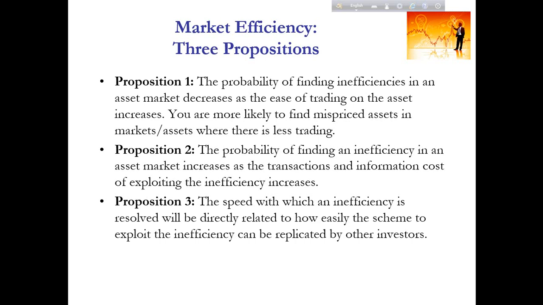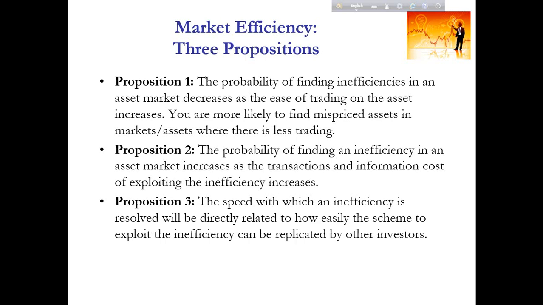Proposition number two, the probability of finding an inefficiency in a market increases as both the transaction and information costs of exploiting the inefficiency increase. So not only does the level of trading in a market affect efficiency, but also the cost of trade. How is that? Because you might find a market like the property market. In the property market, for example, many people would argue that you can actually identify some houses that might be under or overpriced, or say some particular suburbs that might be under or overpriced.